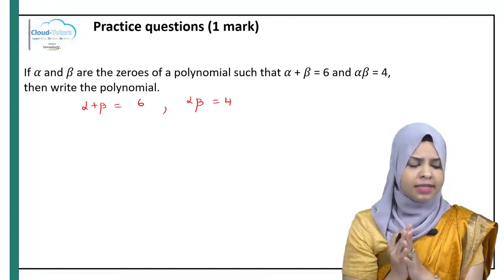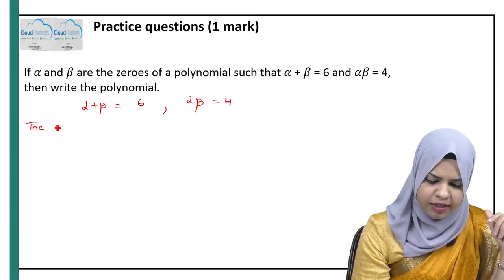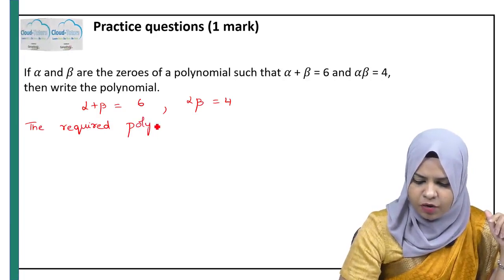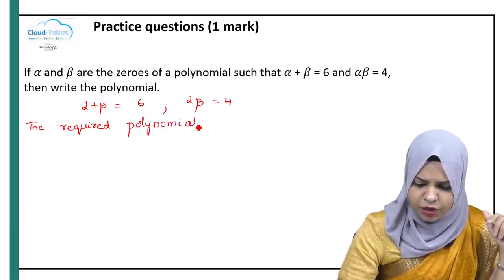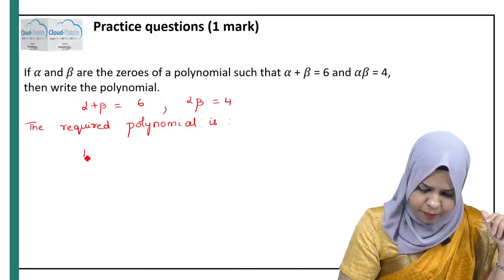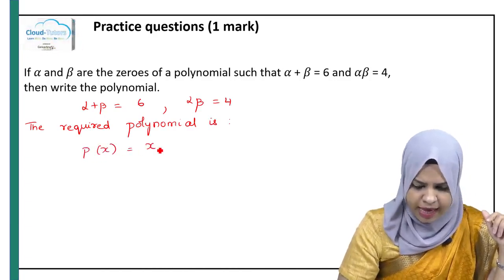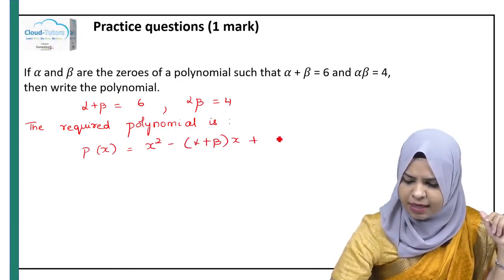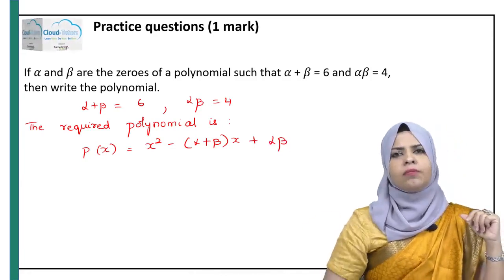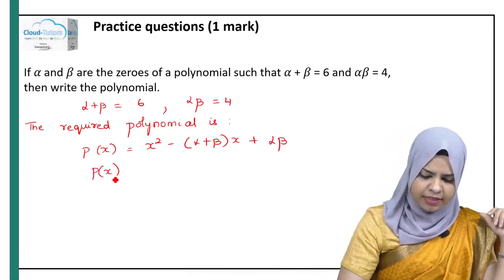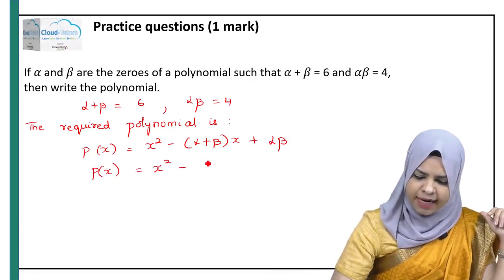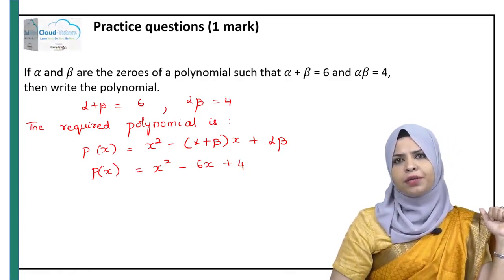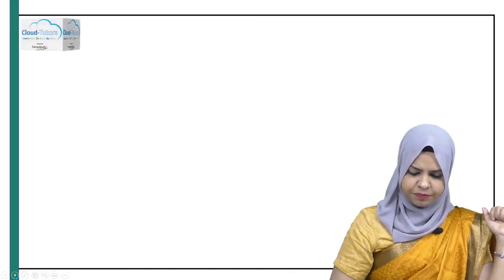The required polynomial is p of x is equal to x square minus (alpha plus beta) into x plus alpha beta. Now it's simple substitution. p of x is equal to x square minus 6x plus 4. This is our required polynomial. Alright, so let's see the next question.